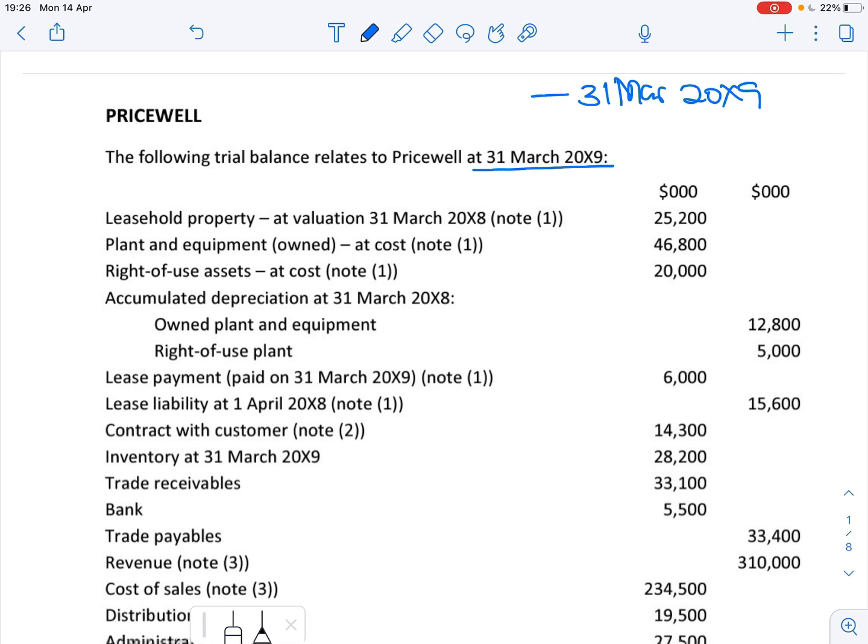So a question for you. If the last day of the current year is 31st March 20x9, when do you think this period will have started? Okay, so this is the way to go about that. Now, if the last month is March, if the company is to start a new period, reading forward, what month would they start a new period?